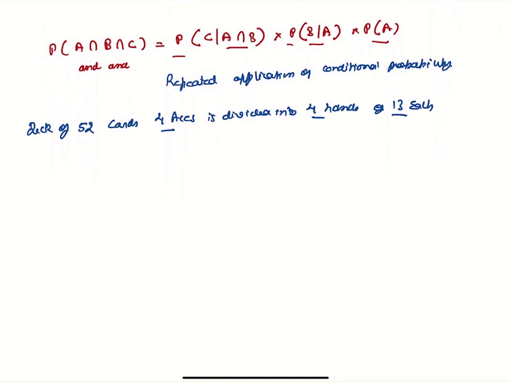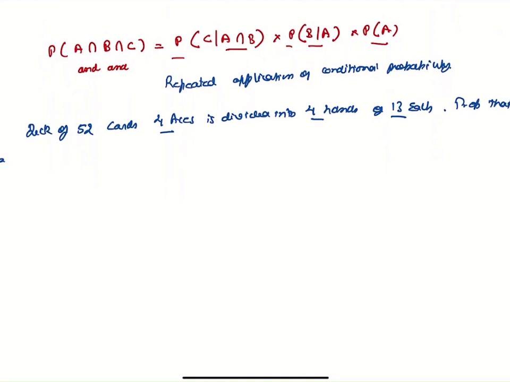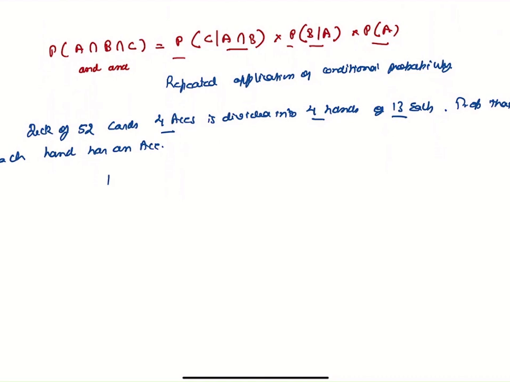Determine the probability that each hand has an ace. Let's say the event that the first hand has an ace is A, the second hand has an ace is B, the third hand has an ace is C, and the fourth hand has an ace is D.